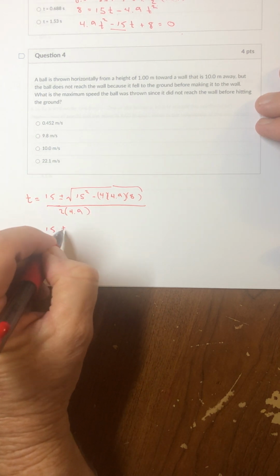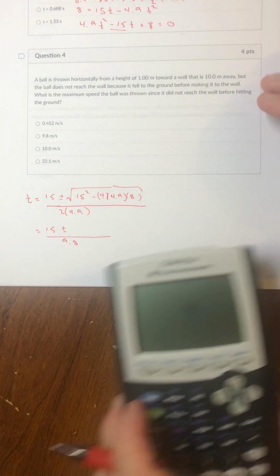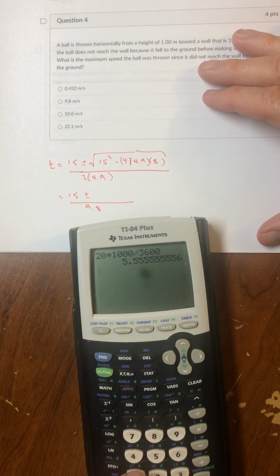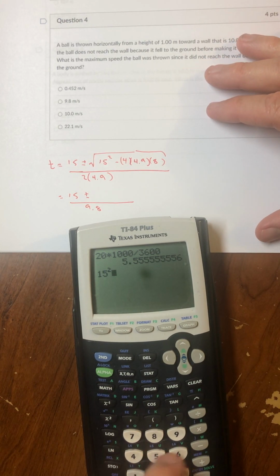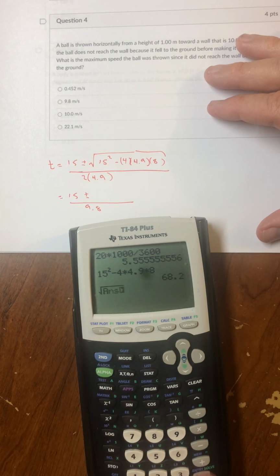And maybe I will simplify a couple of things here, starting with the harder one, which is that square root there. So I've got 15 squared minus 4 times 4.9 times 8, and then the square root of all of that.